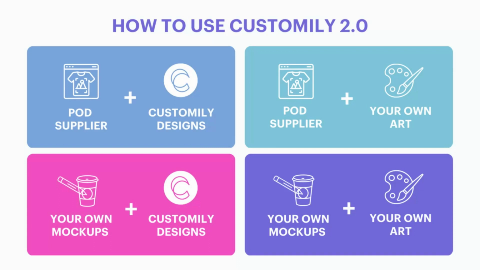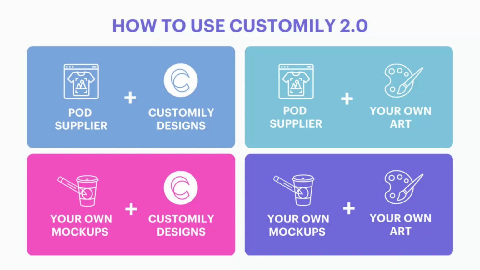On the other hand, if you have your own products and are not interested in working with a print-on-demand provider, the way to go is to start by populating your product-based library first. After you have your own product mockups, you can choose to add a design from Customily's library or create and publish products from your own artwork.